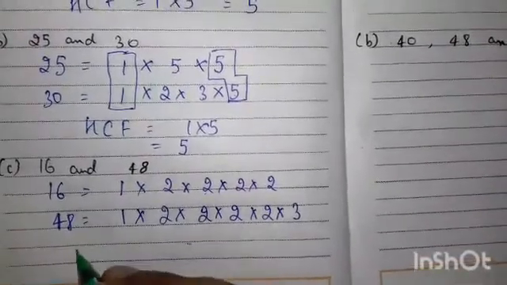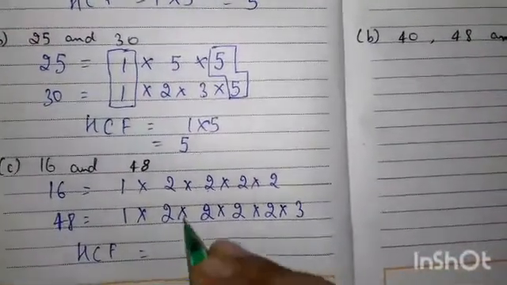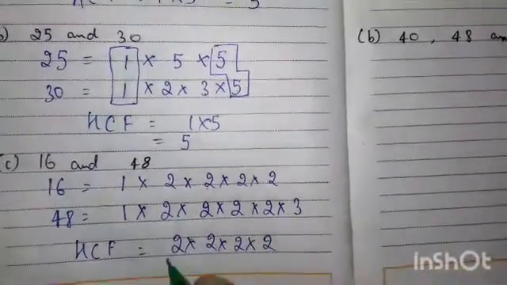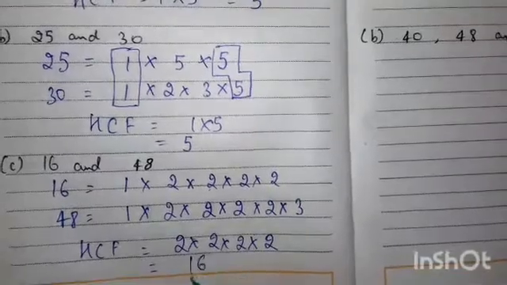So the HCF is equal to 2 into 2 into 2 into 2. Now this is the HCF, 16.